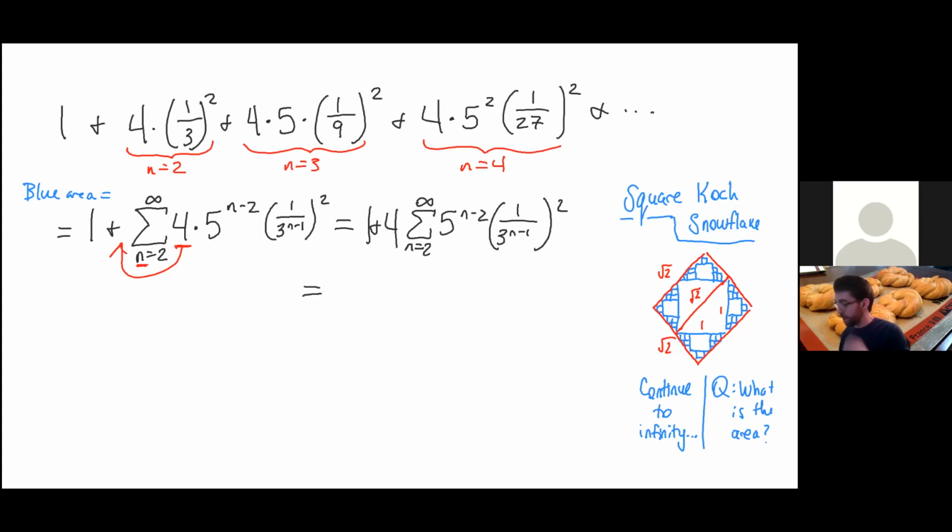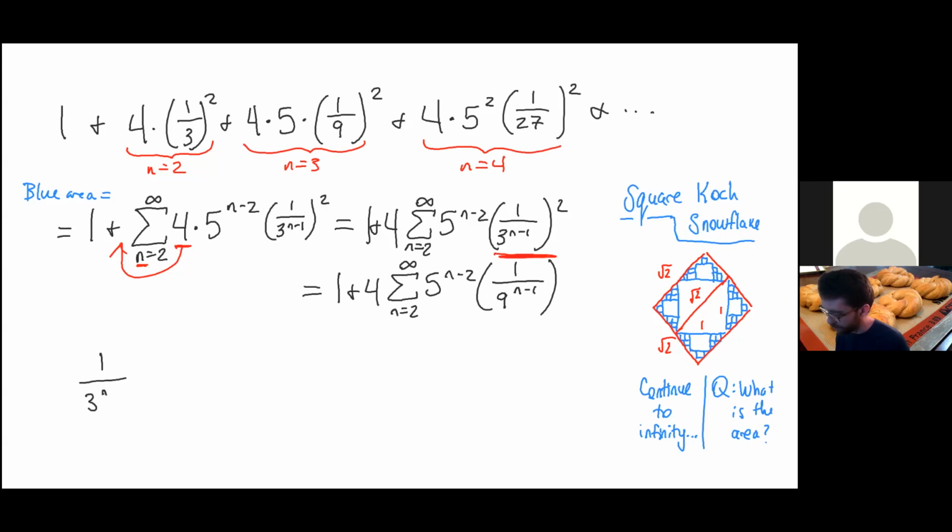Next up, I'm going to write this term a little differently. Let me copy down the rest of the terms: 5 to the n minus 2. I claim this is the same as 1/9 to the n minus 1. Hopefully you can figure out why. In a little sidebar: squaring a fraction is the same as squaring both the numerator, well, 1 squared is 1, and the denominator separately.